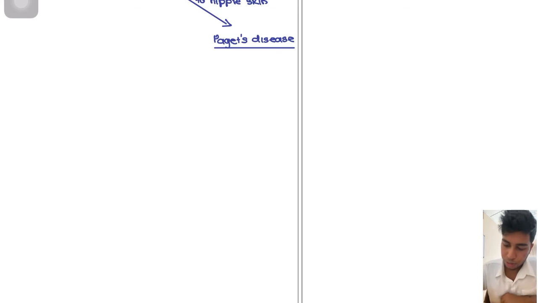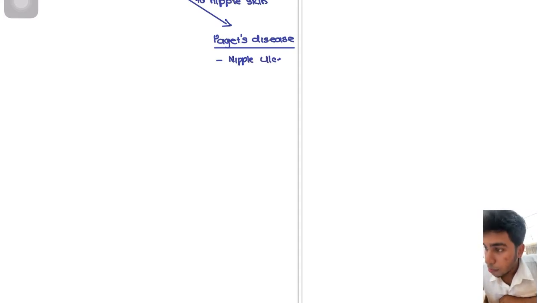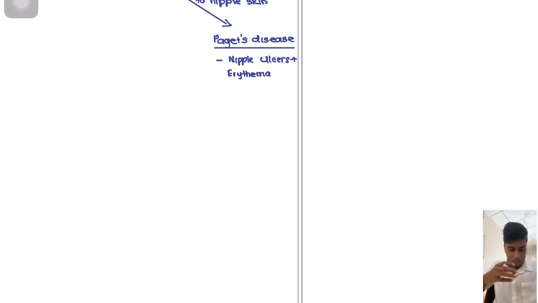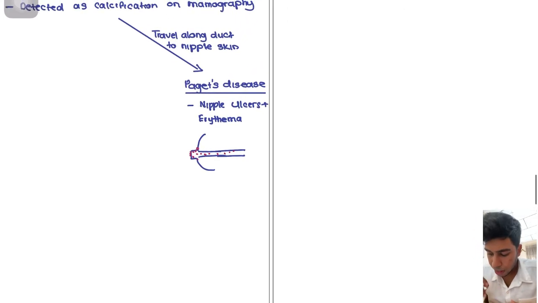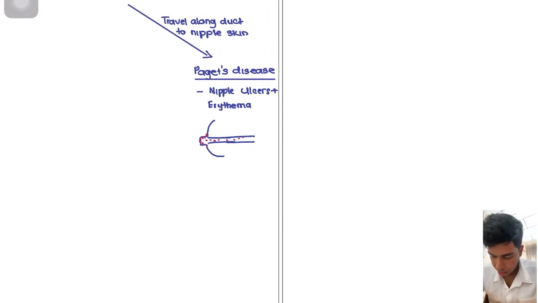In Paget's disease, you get two things. You get the nipple ulcerating, nipple ulcers plus erythema. Okay, so if you look at the nipple, you will see a certain region of the nipple red. Okay, that is because the tumor cells will come along the duct to the nipple. So these tumor cells will come like this to the nipple. Okay, and you will get reddening plus ulceration.